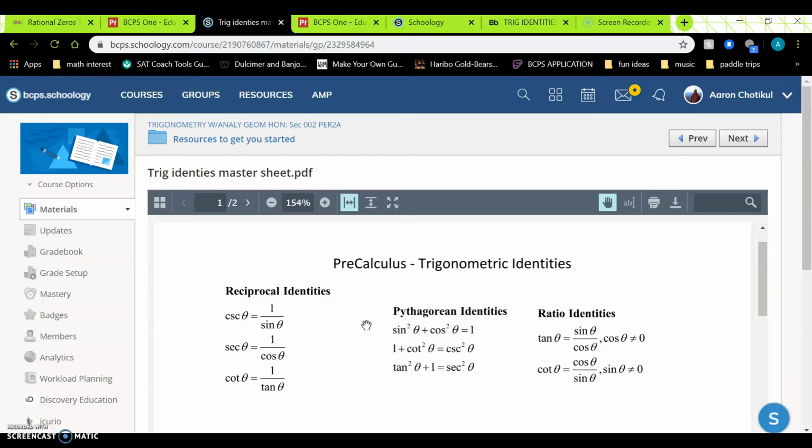Then we're going to manipulate those a little bit, because that's going to be helpful for the assessment at the end of this. It's nice to see all of the identities in one place, so you don't have to do this during problems.